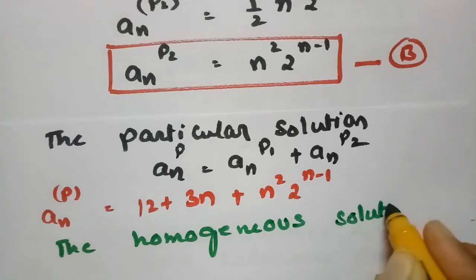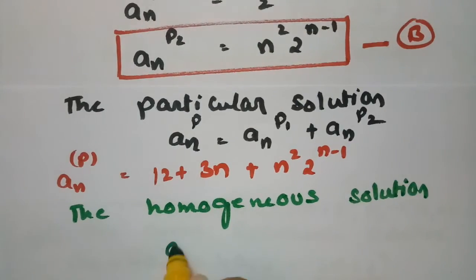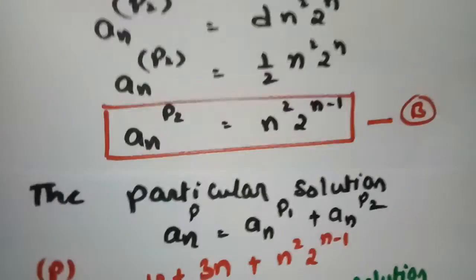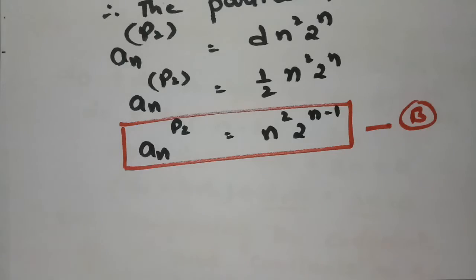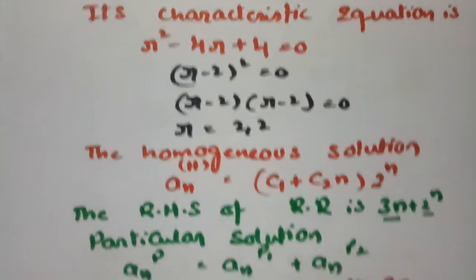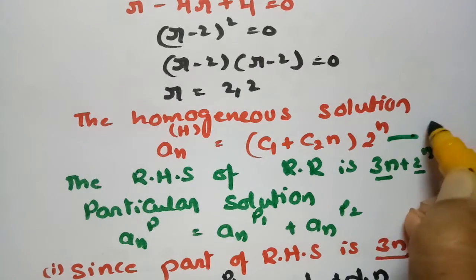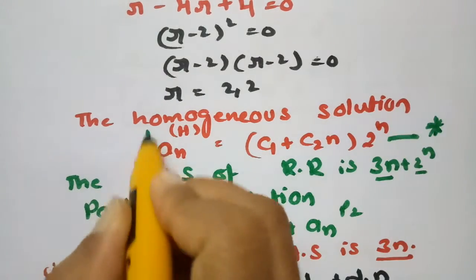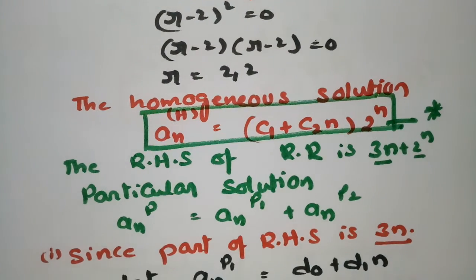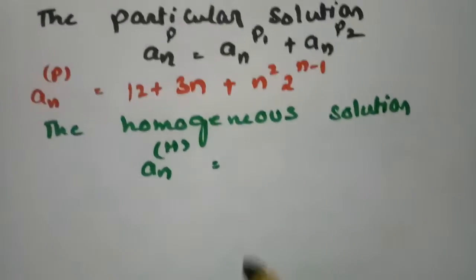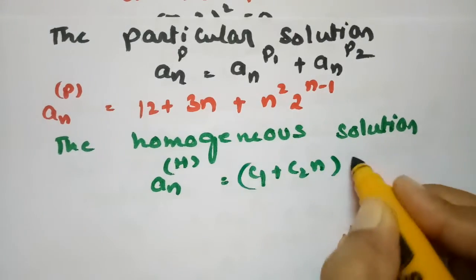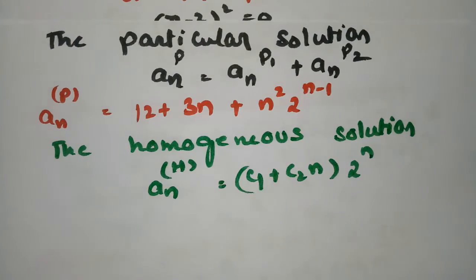The homogeneous solution is an at h is equal to C1 plus C2n into 2 power n, as we got two equal roots.